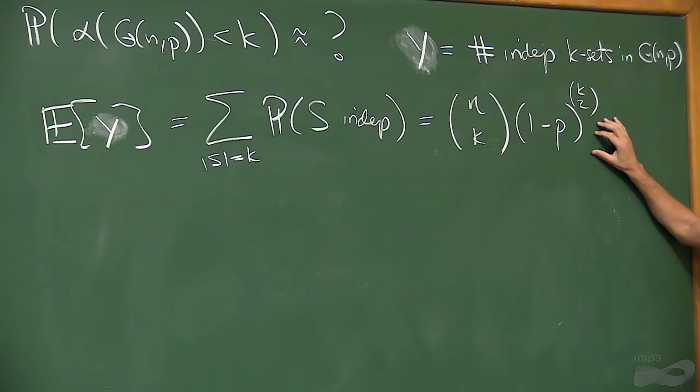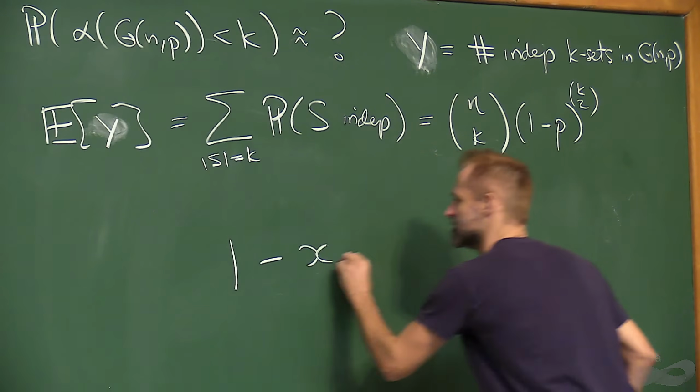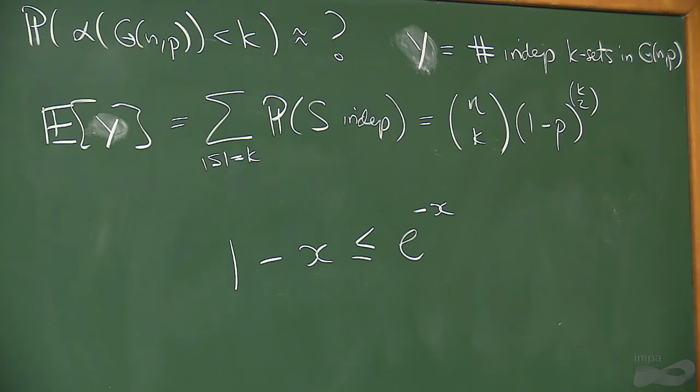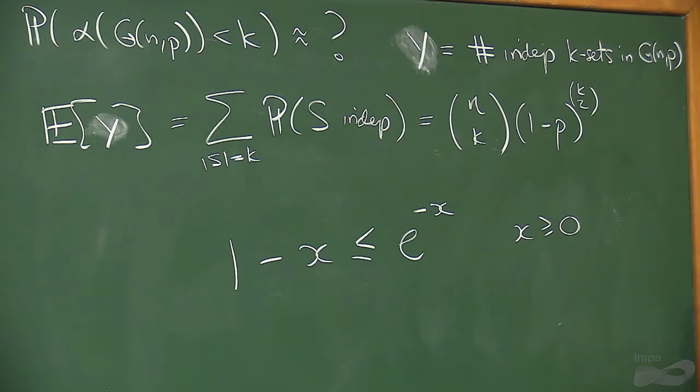Okay. How large is this? I want to tell you a very simple but useful approximation, an inequality. 1 minus x is always at most e to the minus x for all positive x.